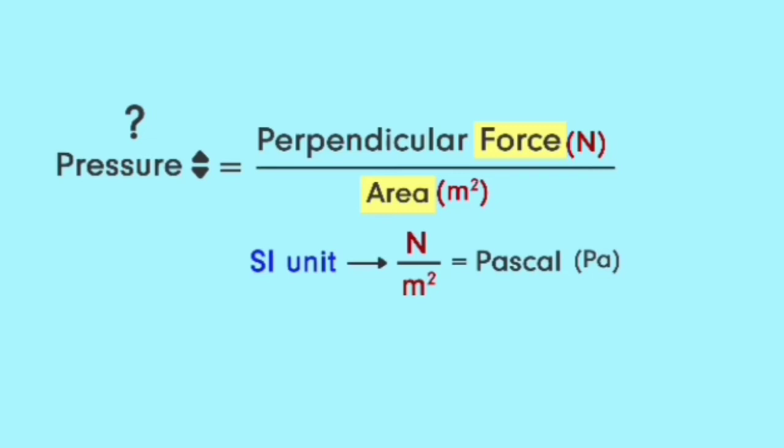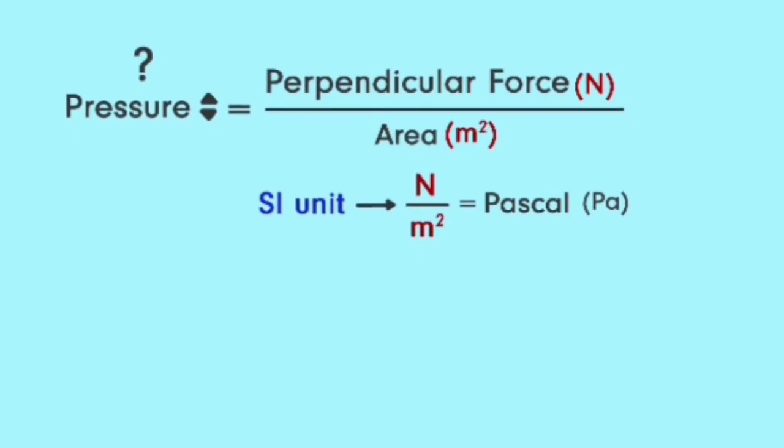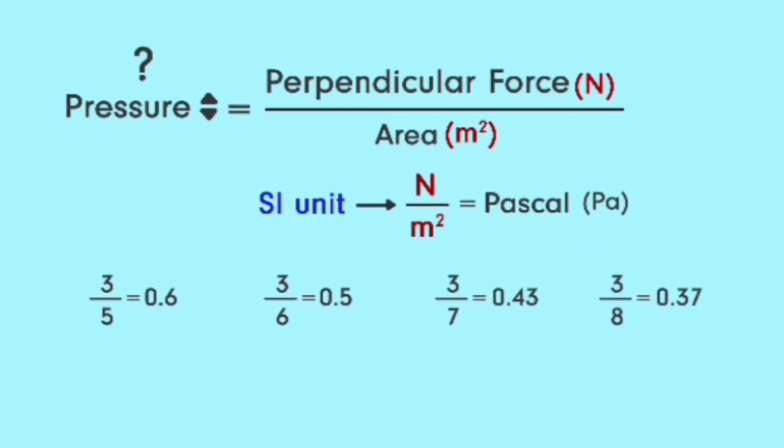Use pure mathematical logic to answer this. If I have a fraction and I keep the term in the numerator constant and keep increasing the term in the denominator, then will the fraction increase or decrease?